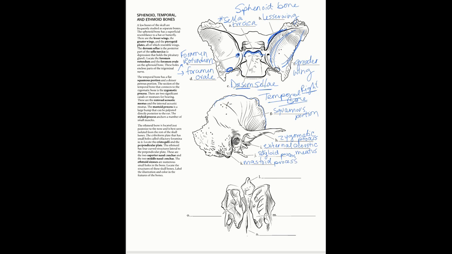Okay. Finally on this page, last part of the skull that we're covering is the ethmoid bone. Bone right behind the nasal bone. This structure that points in the superior direction, this is the crista galli. This is very easy to see in the skull and is going to be a great landmark for you when you're trying to figure out what in the world you're looking at when there's so many different features there.